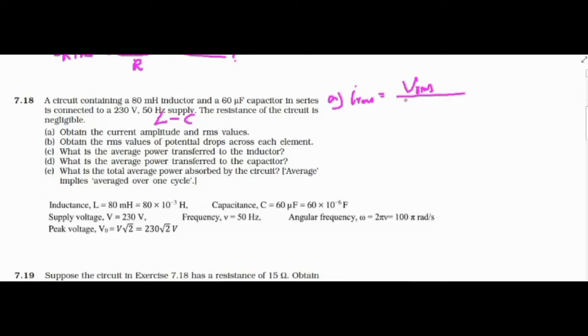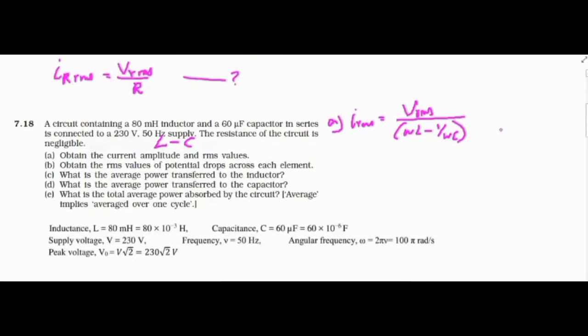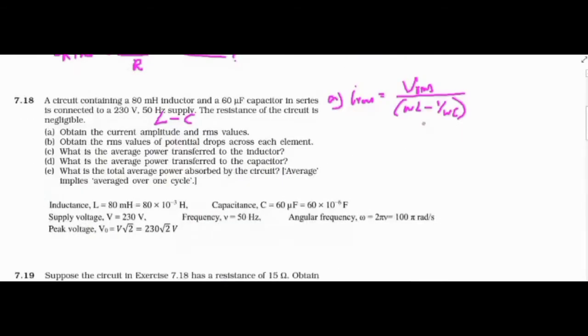Being an LC circuit, we can say it is XL minus XC, or omega L minus 1 by omega C. In the formula, under root R square plus XL minus XC the whole square, when R becomes 0, you will get under root omega L minus 1 by omega C the whole square. You can take the square root and you will get omega L minus 1 by omega C.